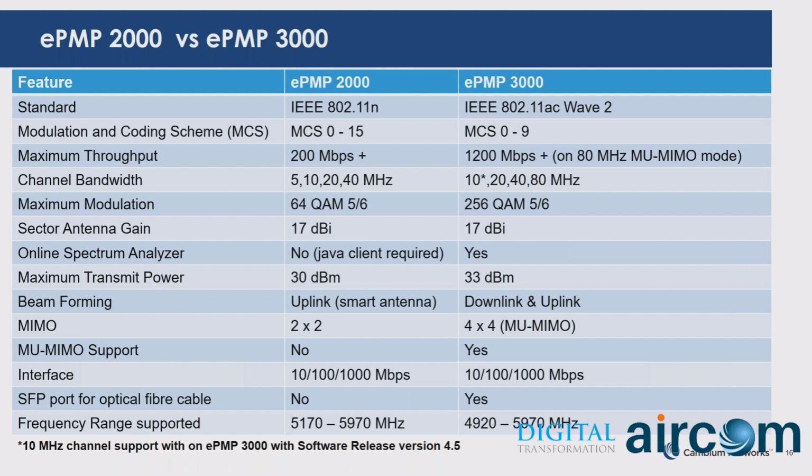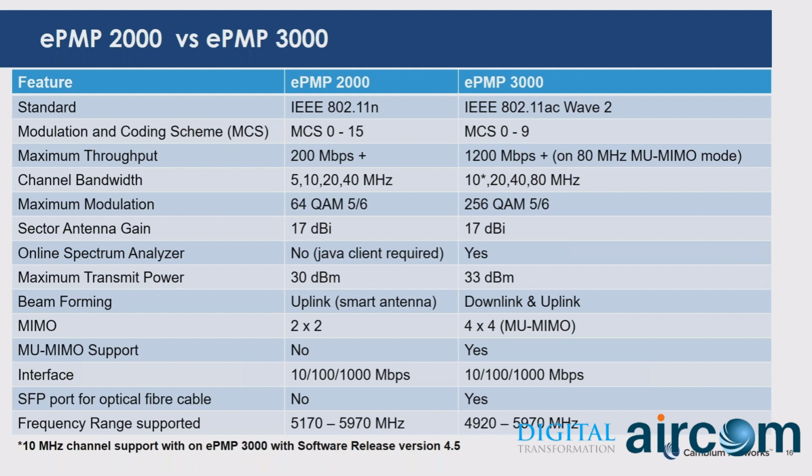So in terms of standard, the ePMP 2000 is an 11N standard, whereas the ePMP 3000 is an 11AC product. In terms of modulation, the IEEE standard specified that you should number the modulation in a modulation and coding scheme called MCS, numbered from 0 to 15 for 11N or ePMP 2000, and 0 to 9 for ePMP 3000.